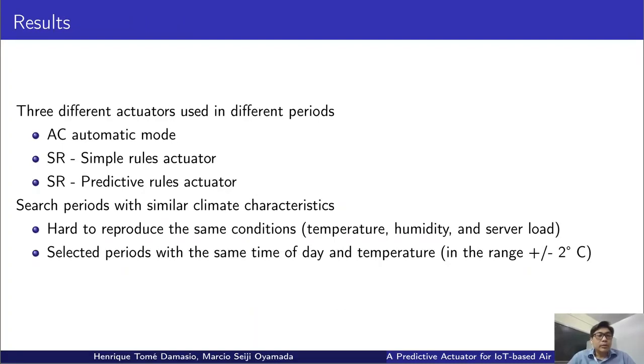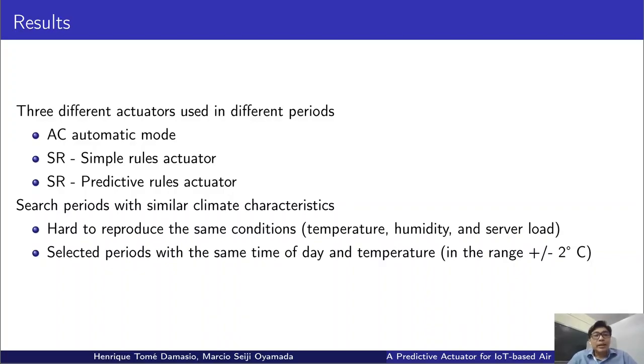In order to evaluate the 3 different actuators, we have to search periods with similar climatic characteristics, because the actuators were used in different periods and it's hard to reproduce the same conditions.